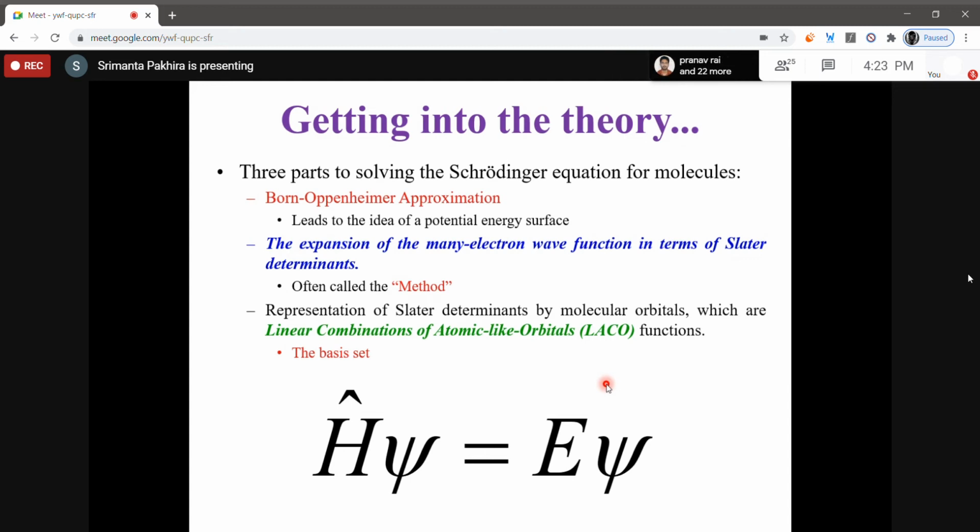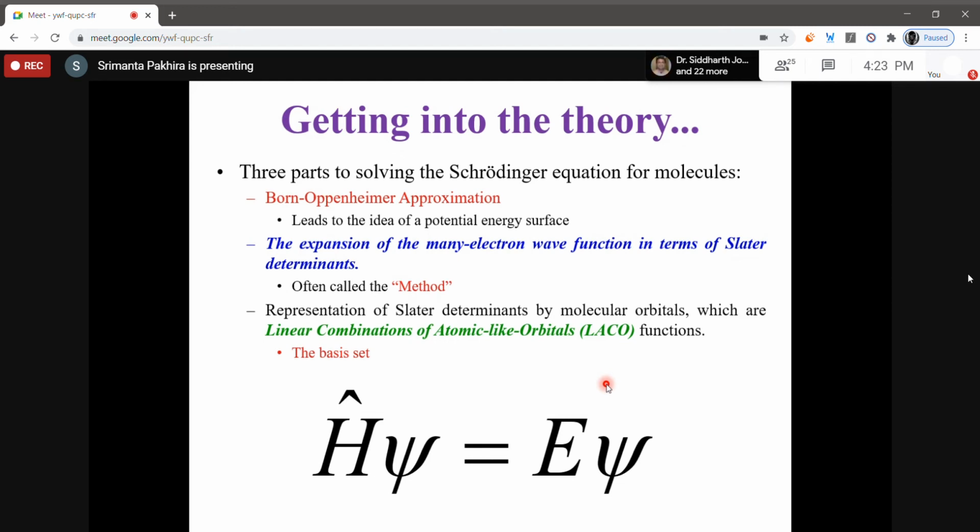When we write the wave function of a molecule, let's say methane, it has 5 atoms, carbon 1 and hydrogen 4. So what would be the wave function of all the electrons, for carbon and the 4 hydrogens? We have to write it for all.